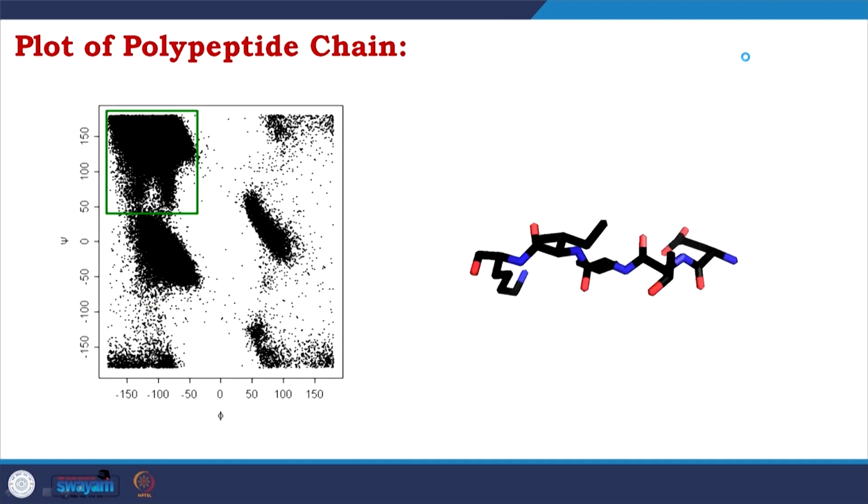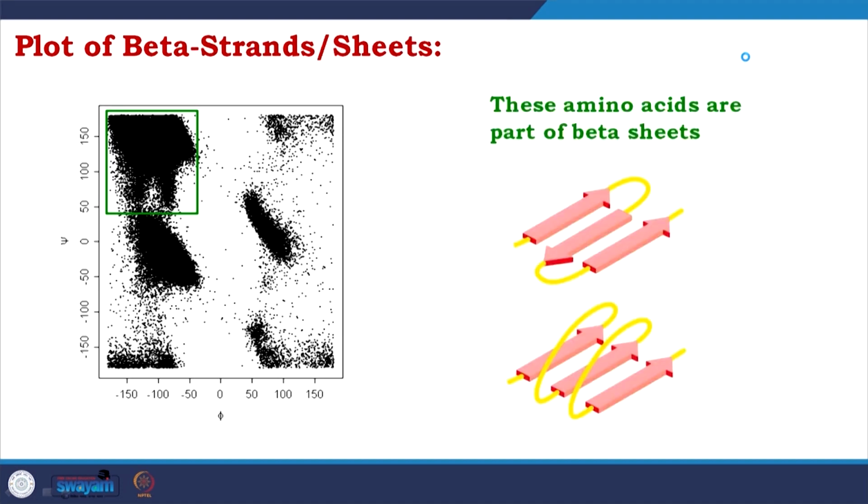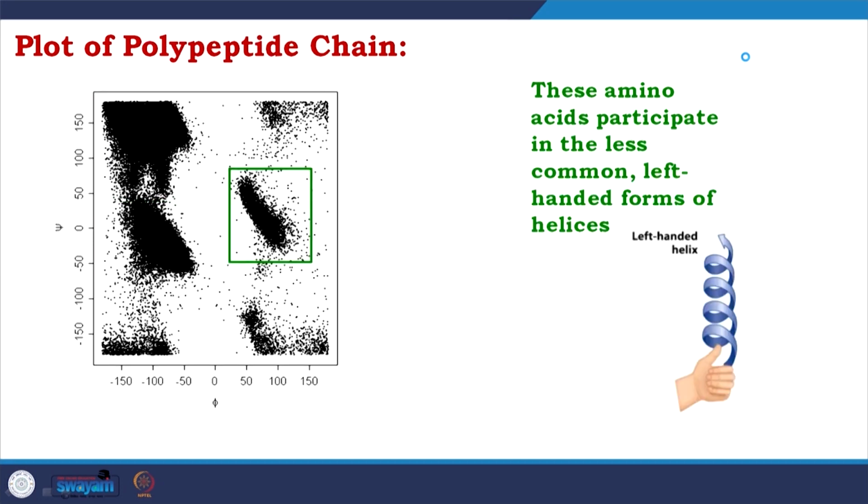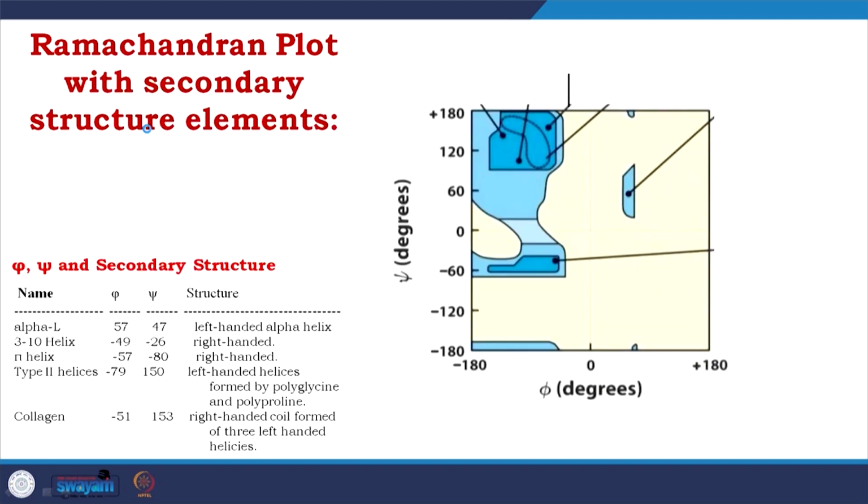Then we put a different polypeptide chain, and when it goes in the other region, it represents amino acids which are part of beta sheets, be it parallel or anti-parallel. Now, in another region where we see clustering of plots, these amino acids participate in the less common left-handed form of the helices.